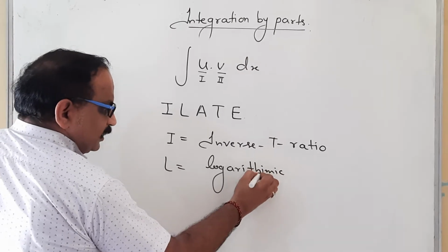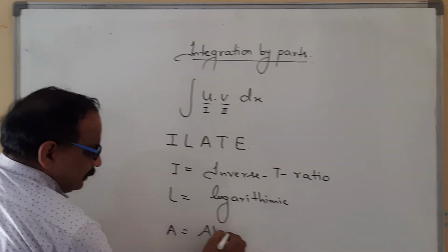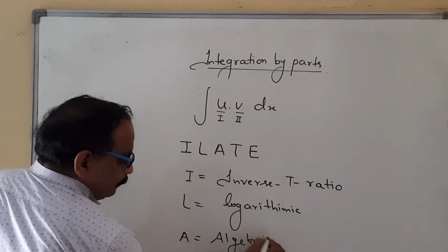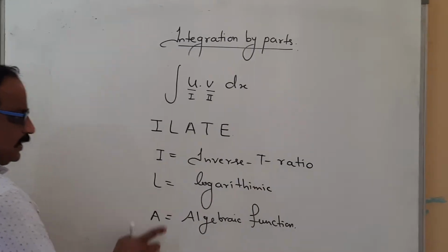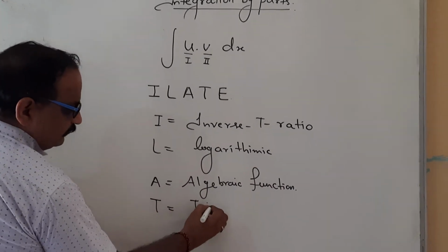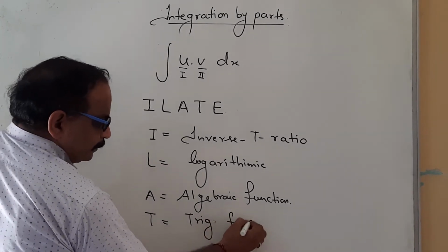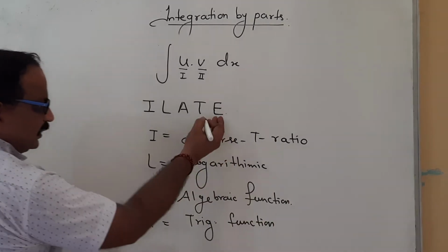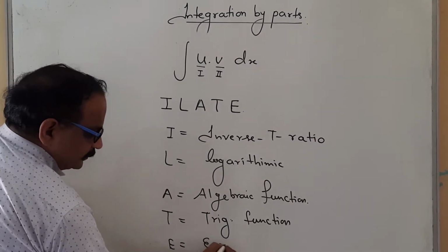A stands for algebraic function. T stands for trigonometric function. And finally E stands for exponential function.